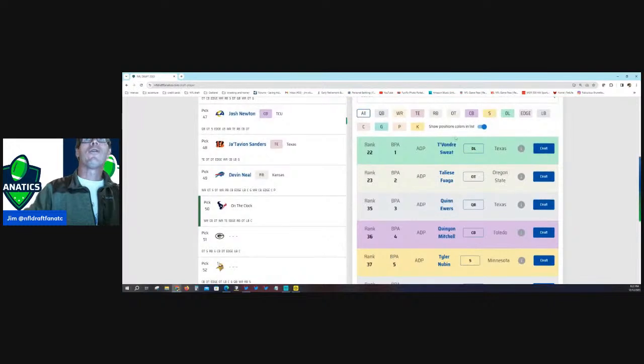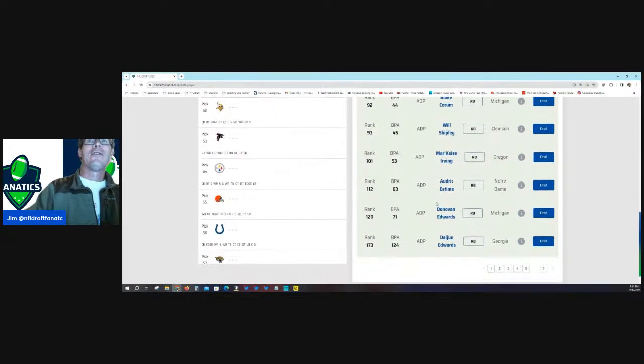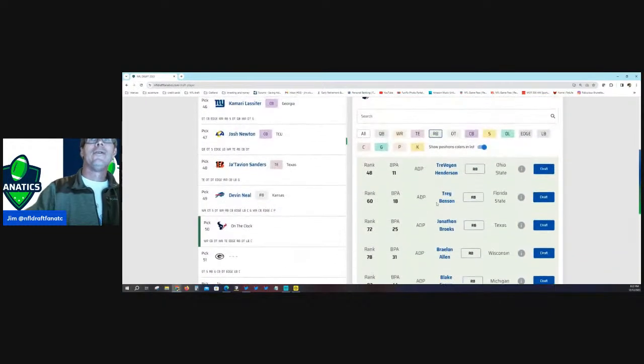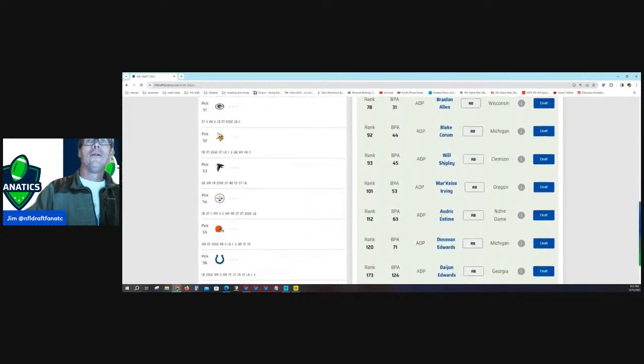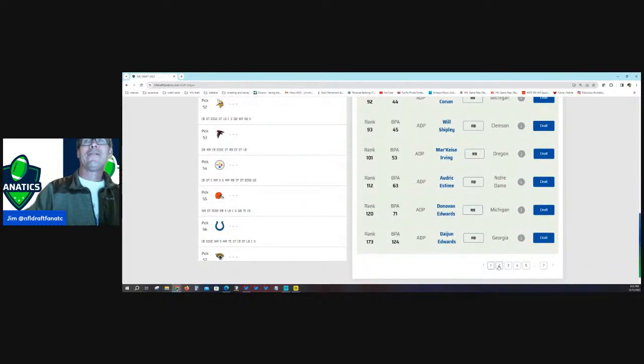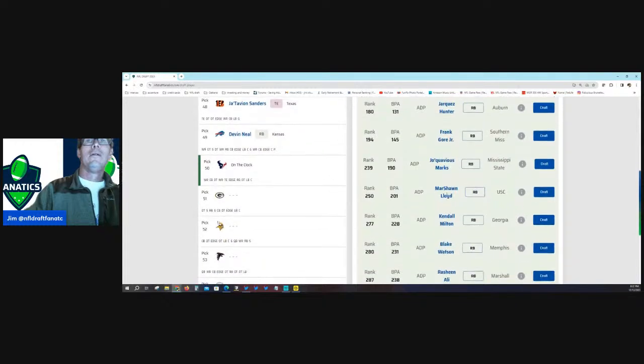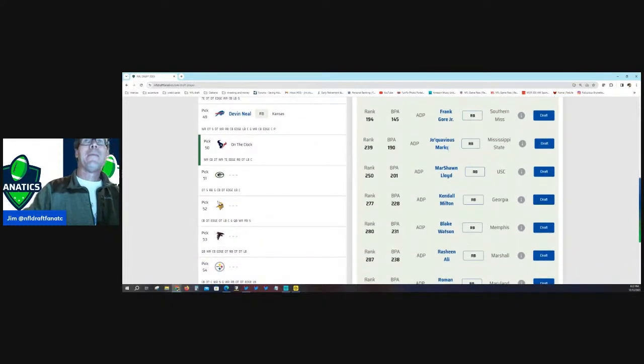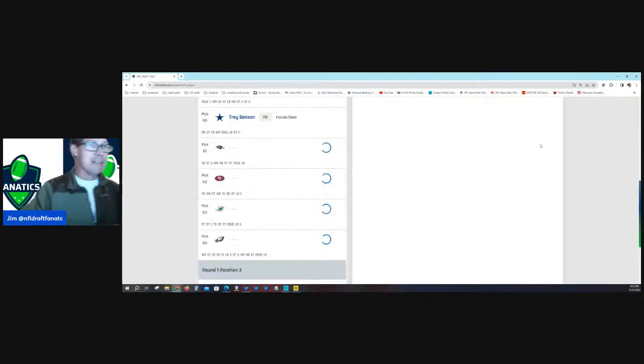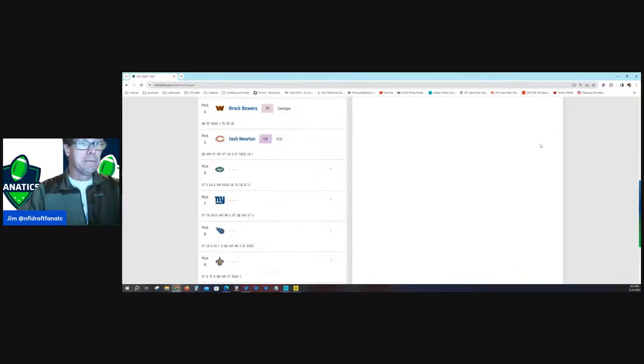Okay, so I'm still working on the running backs for the second round, and that list looks okay. Okay, Marks is currently 239. I'm picking him in the second round challenge. He should be much higher than 239.